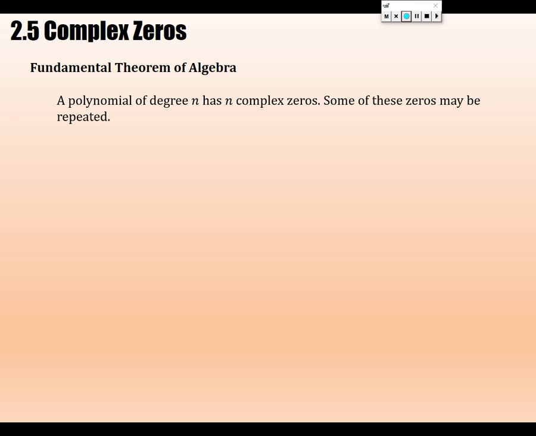Some of them might be repeated zeros, like it says here in the second sentence. But the key word here is complex zeros. We understand that a 5th degree polynomial doesn't necessarily cross the x-axis 5 times, that's for sure. Even up to multiplicity, that's not true.